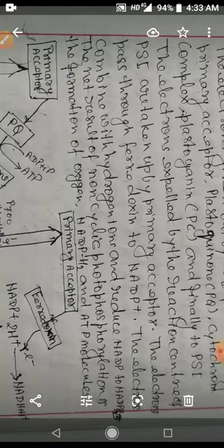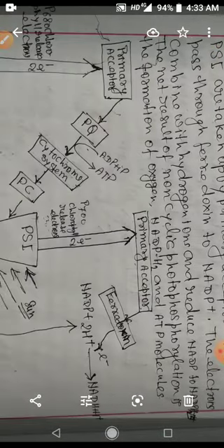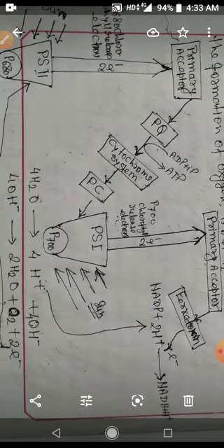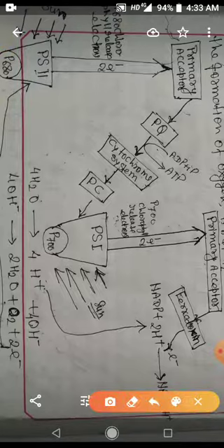So, in cyclic photophosphorylation, children, you have studied that only photosystem 1 is involved, but in non-cyclic photophosphorylation, both pigment system 1 and pigment system 2 are involved.